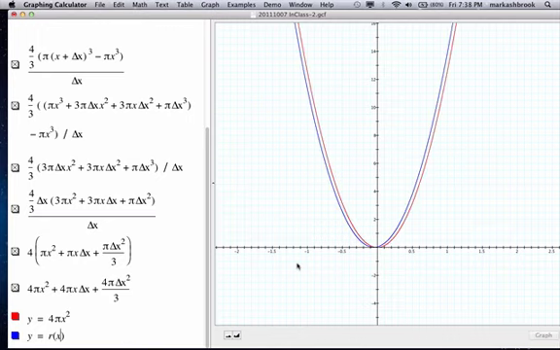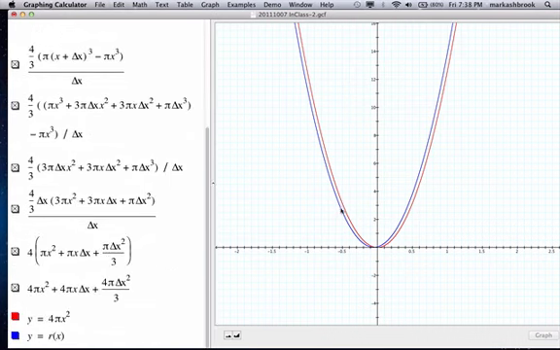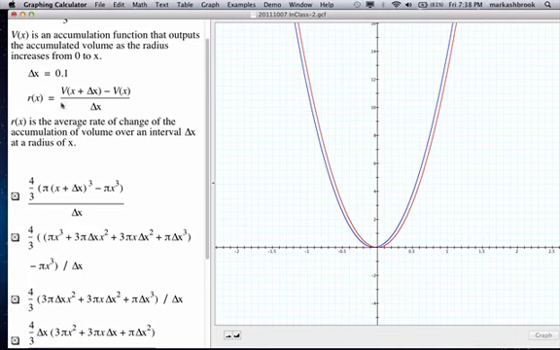And so we see that that average rate of change function is approximating the exact rate of change function, but it's not exact because it's not coinciding with it. So the blue one is the Rx, our average rate of change function for an interval width of delta x.